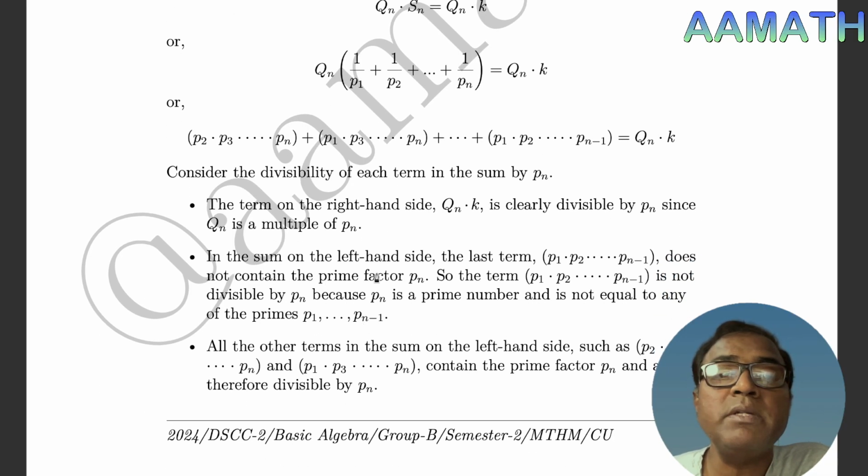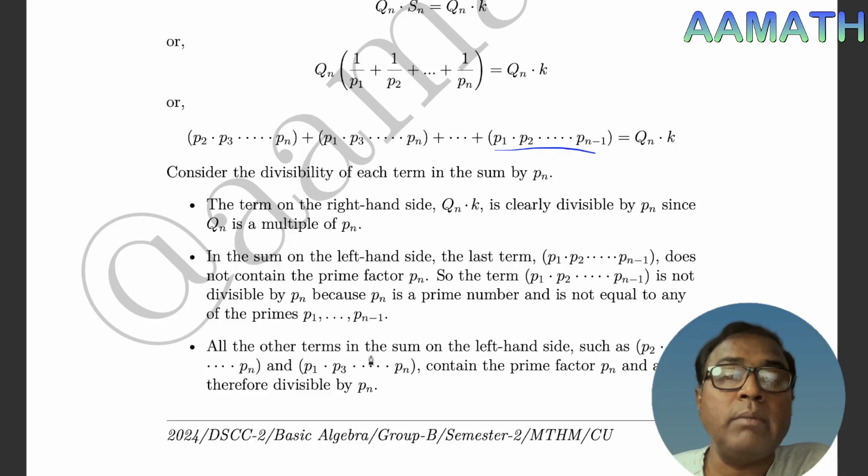In the sum on the left hand side, the last term P1 P2 ... P(n-1) does not contain that prime factor Pn. So the term P1 P2 ... P(n-1) is not divisible by Pn because Pn is a prime number and is not equal to any of the primes P1, P2, ..., P(n-1).